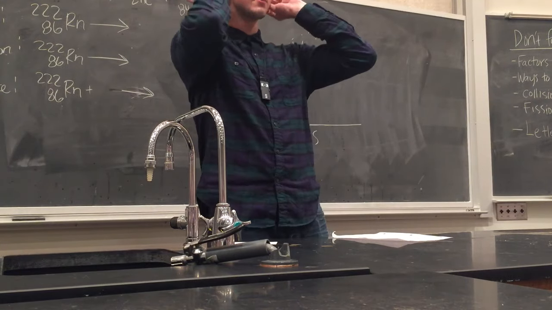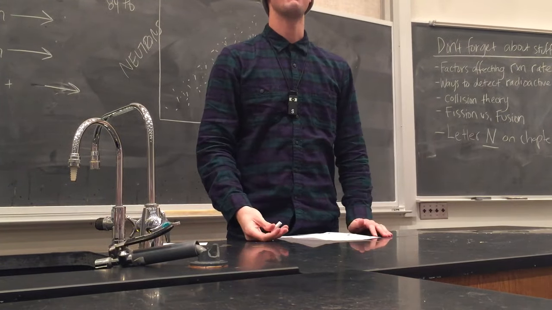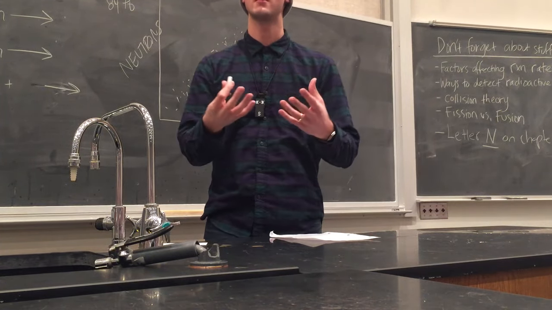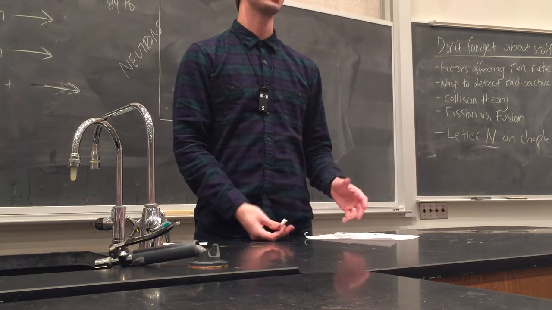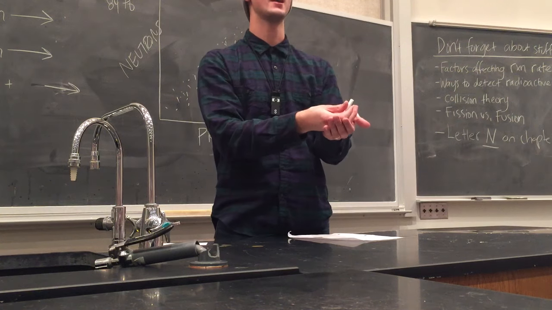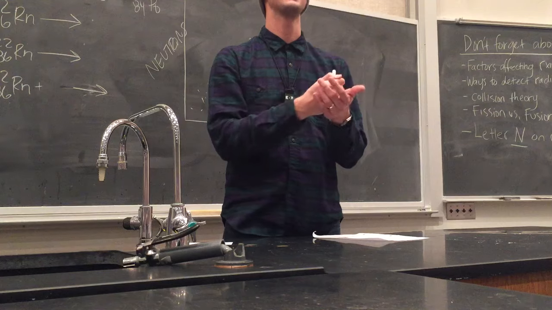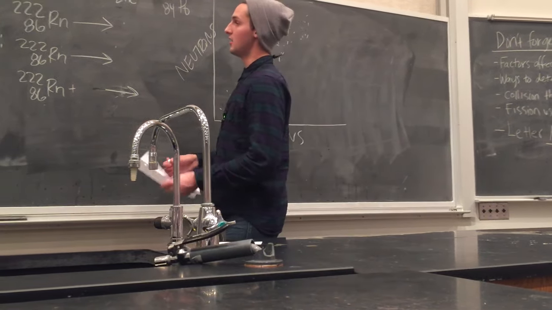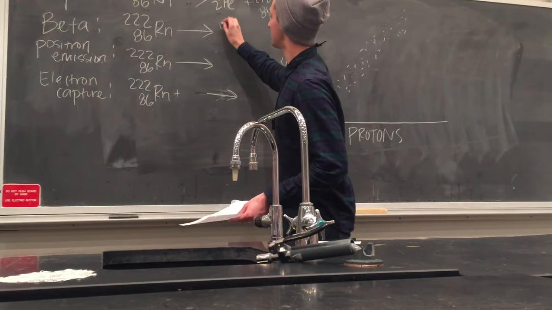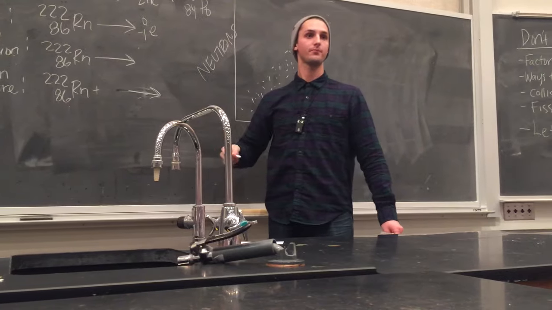A beta decay. On your Smartwork, sometimes they would just write it as the symbol beta. You can do it that way, but I recommend using the way I'm going to write it, because it helps you keep track of the numbers better. Don't just write a beta unless you really have this stuff down. If you don't have it nailed down, I would use this symbol because you're going to be able to keep track of it better. So a beta particle is basically notated as an electron, 0, -1, e.